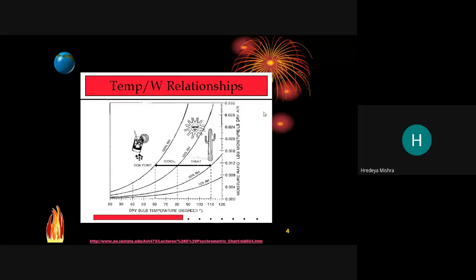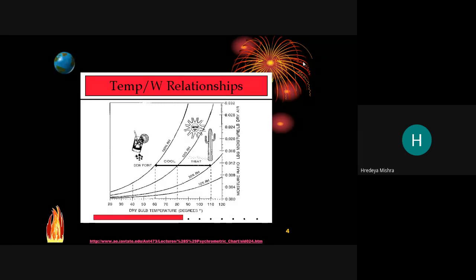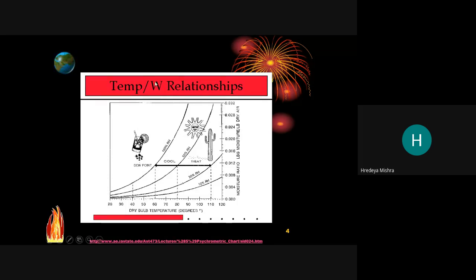Now, temperature versus work relationship. Temperature versus work relationship.